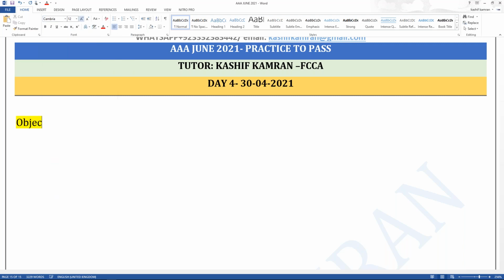The objective today is to focus on audit procedures and audit evidence. A very interesting and a very important topic: audit procedures and audit evidence.